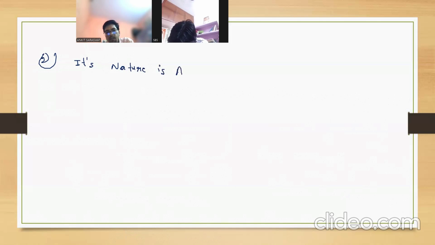Okay, you can write one more note. Write down. Write the second point in the note. Its nature is attractive. Okay. Now write the important point, where it is valid.